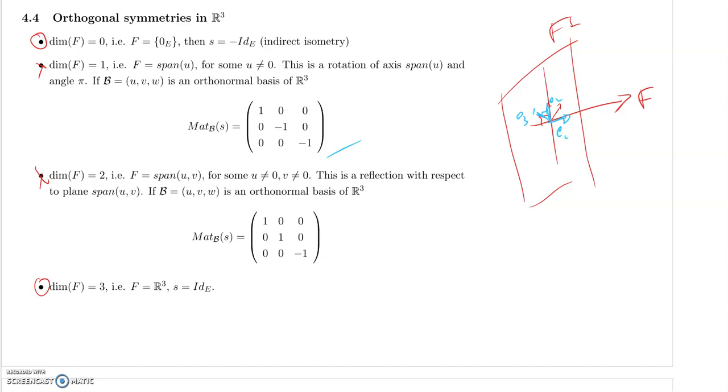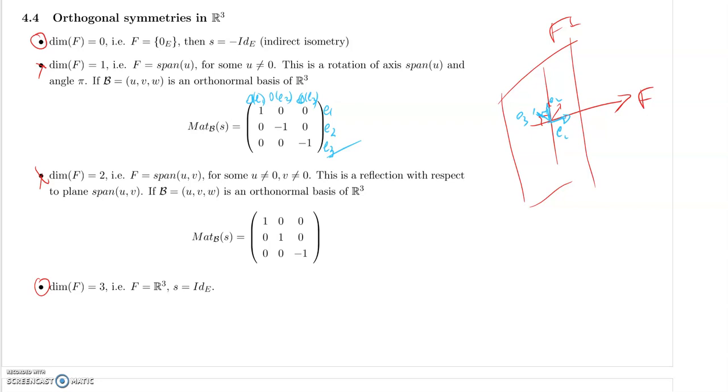So S of E1 is 1 times E1 and 0 times E2, 0 times E3. And anything that belongs to the space F orthogonal is going to be sent to its opposite. So S of E2 is negative E2, S of E3 is negative E3. So you get this matrix.